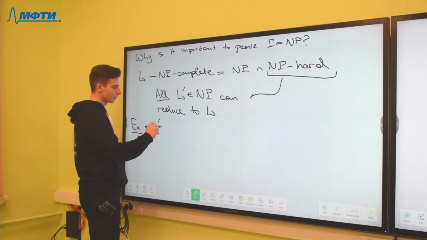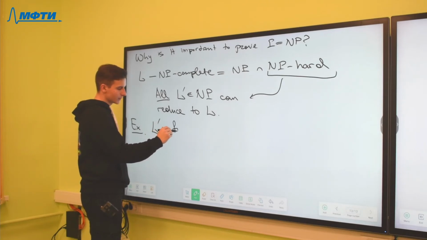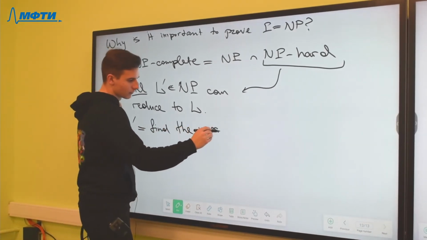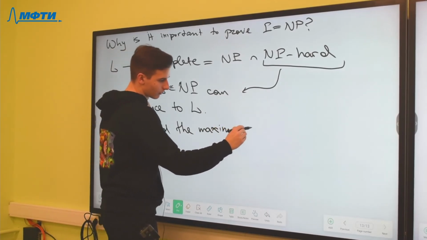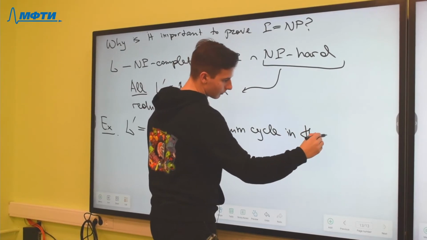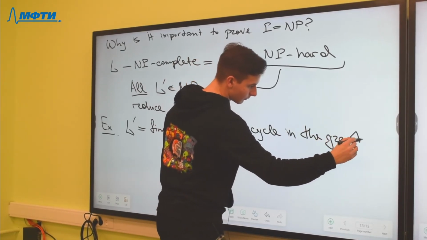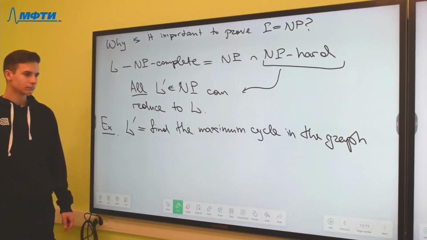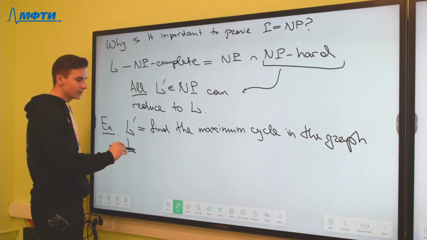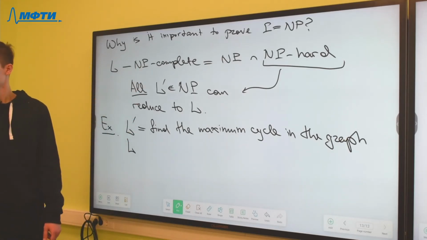It finds the maximum, and we have L from the previous example.